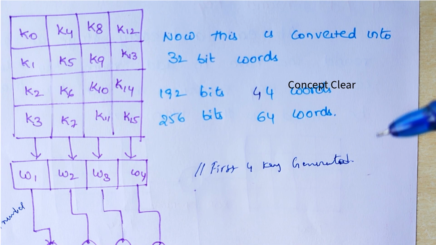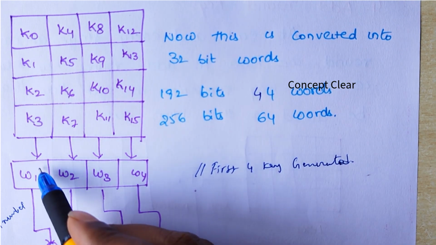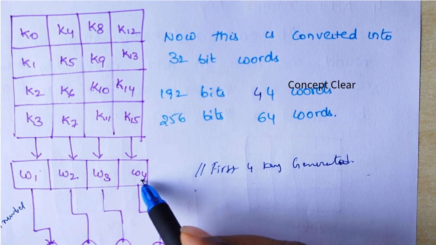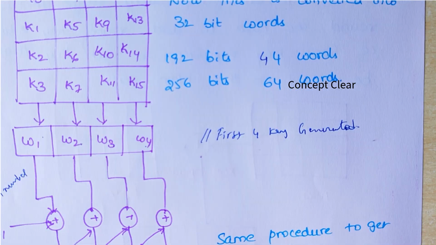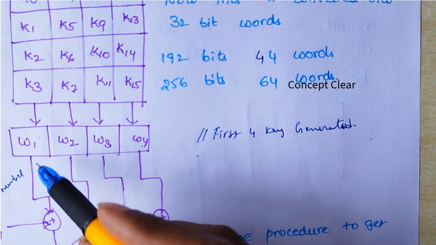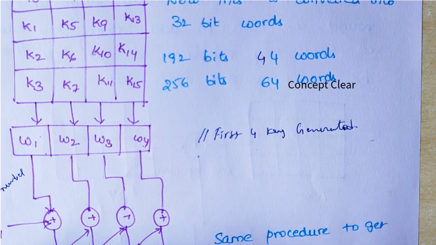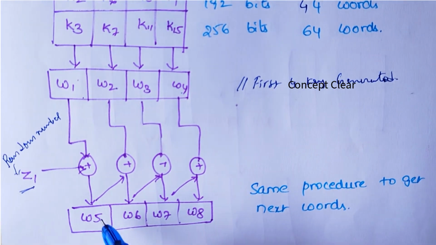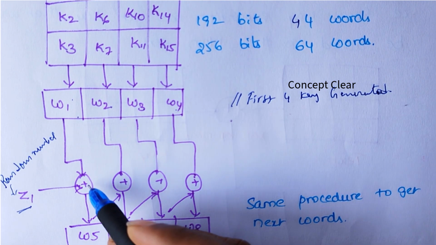Now how will the keys be generated? In the columns we write W1, W2, W3, W4, and if you want to expand to more keys, we have to perform XOR operations. We take a special variable Z1.